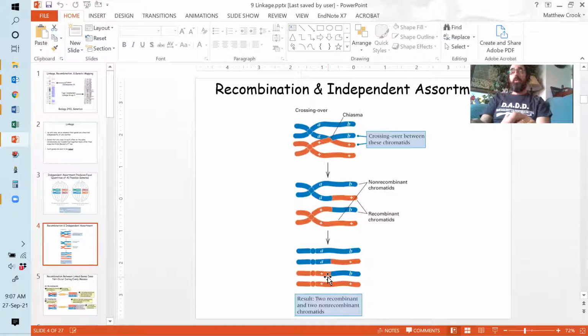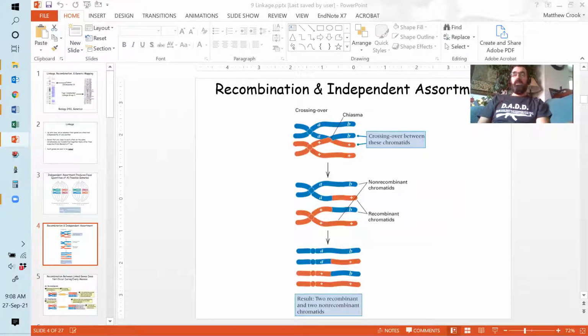If recombination always occurs, you will have a 1-to-1-to-1-to-1 ratio of these four chromosomes, again representing allele combinations. If that's so, those two genes are sorted independently and are not linked. We'll get into what linkage is in a second.